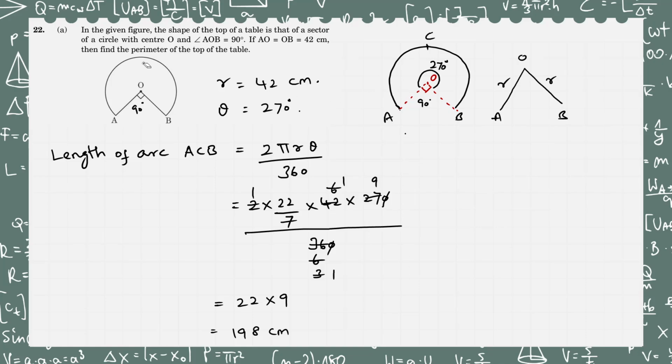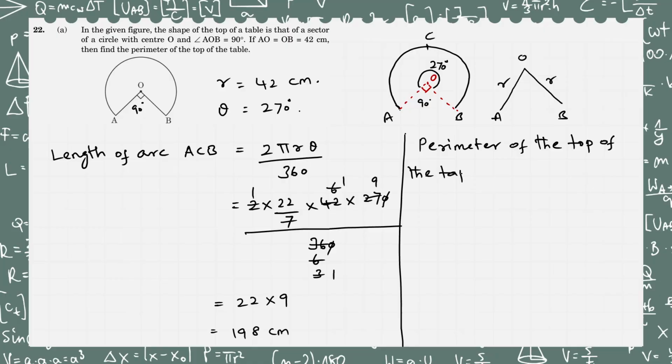We need to find the perimeter now. So perimeter of the top of the table equal to length of arc ACB plus OA plus OB.